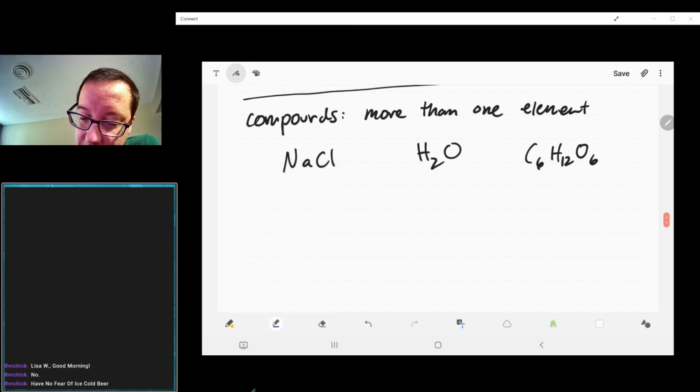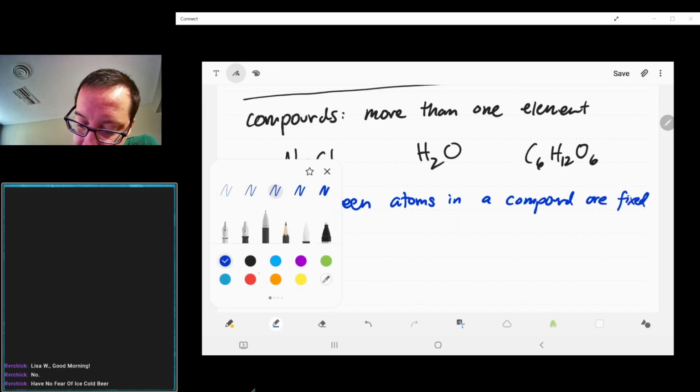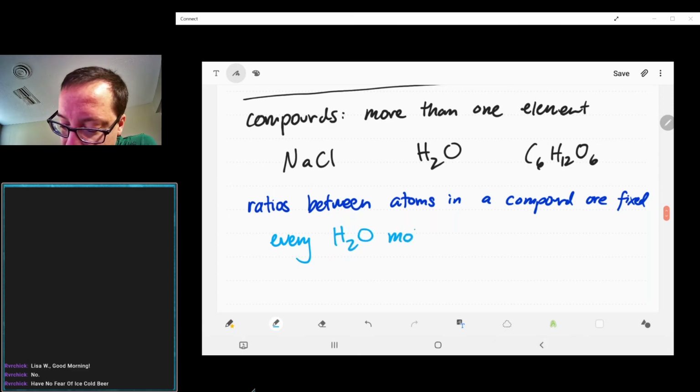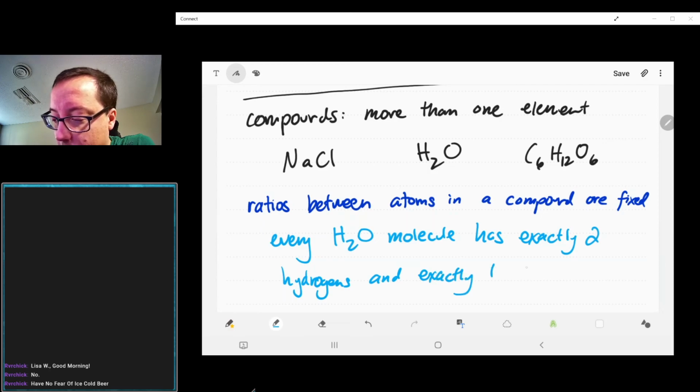Compounds are going to be distinguished in that the ratios between atoms in a compound are fixed. So what this means is that every water molecule has exactly 2 hydrogens and exactly 1 oxygen.